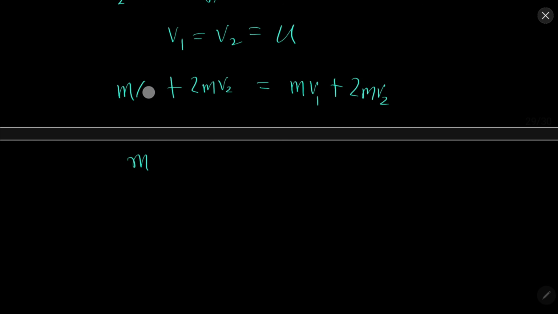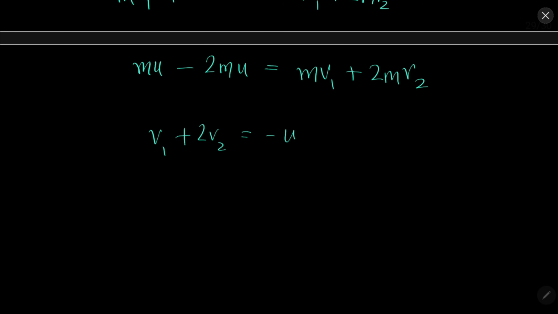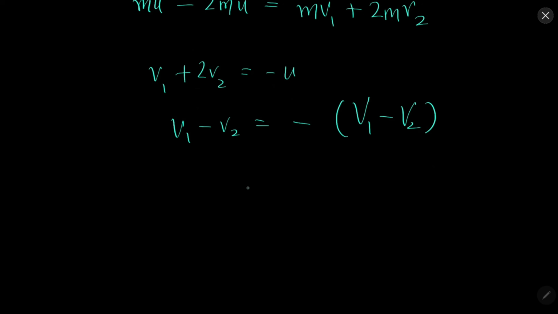So now let this be m u minus 2m u equal to m v1 plus 2m v2. So ultimately v1 plus 2v2 equal to minus u, and v1 minus v2 equal to minus u. Let me properly write it, otherwise you will get a bit confused.